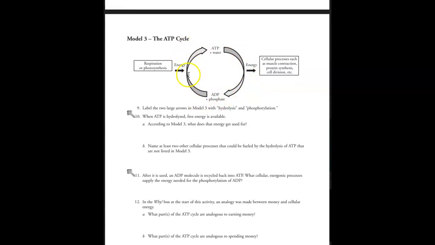This left arrow would be phosphorylation because this is where ADP gets turned back into ATP. So the idea here is it's a circle. A molecule of ATP will have the phosphate be broken off the end of it, and then later on it regenerates, the phosphate gets added back on, so that the same molecule of ATP and ADP just keeps flip-flopping from one form to the other, depending if the phosphate's attached or not attached.